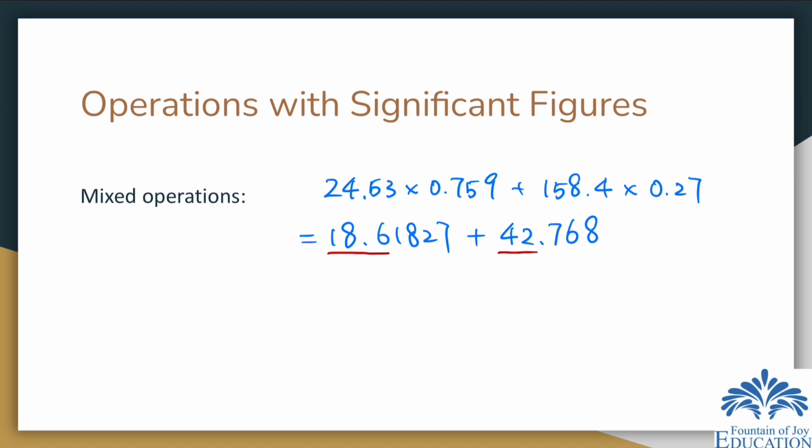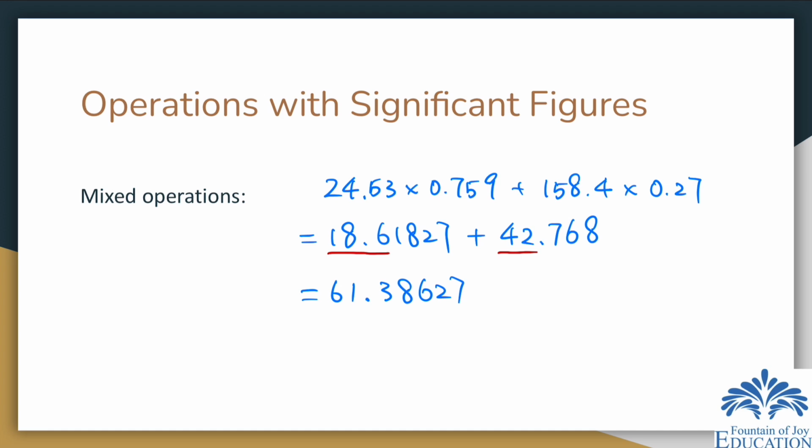So those are done according to the multiplication and division rule. Now we have an addition. So we will continue with the operation using the numbers without the rounding to get our final answer. So the final answer we get is 61.38627.